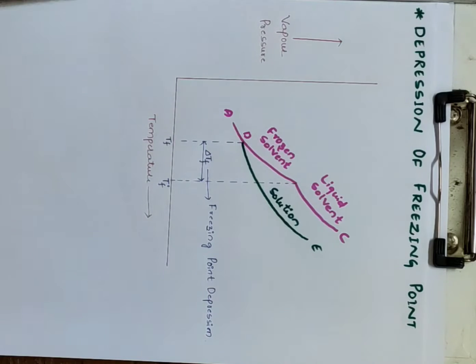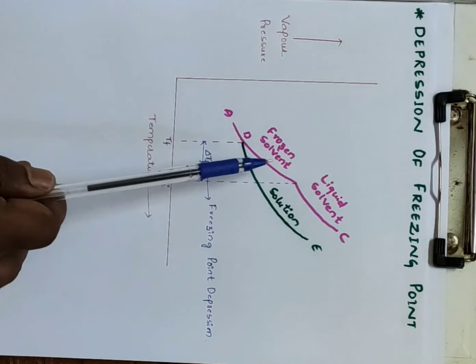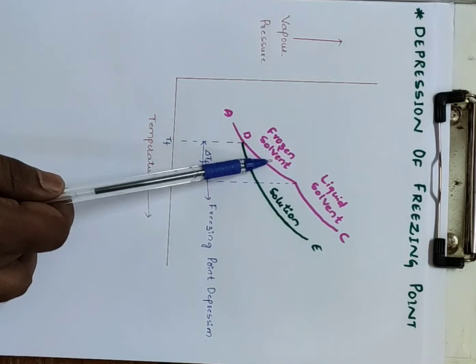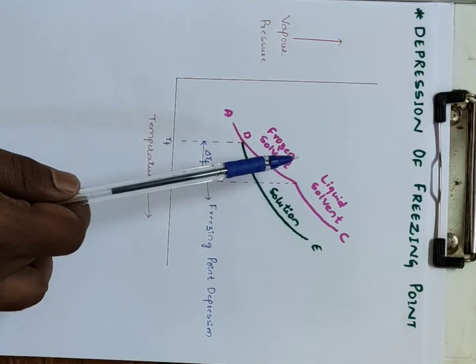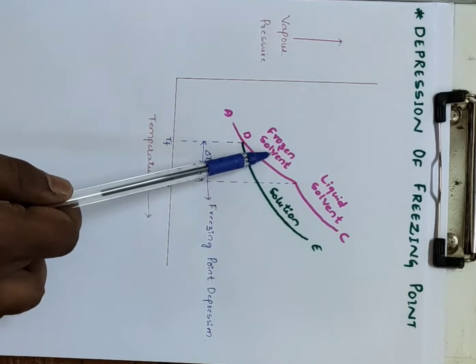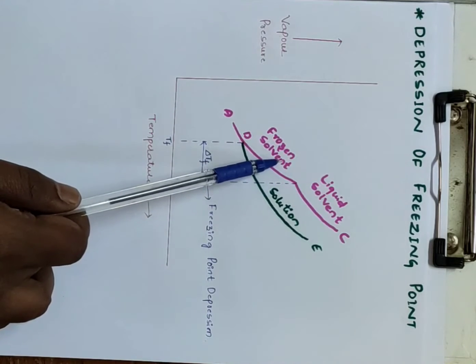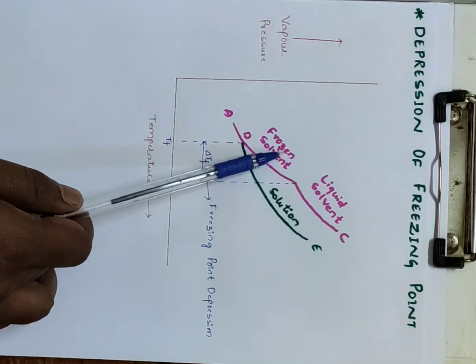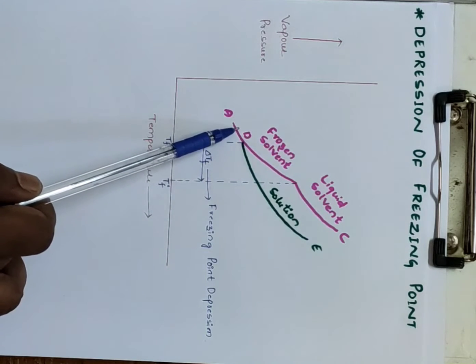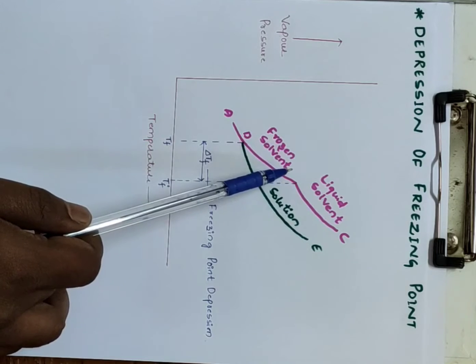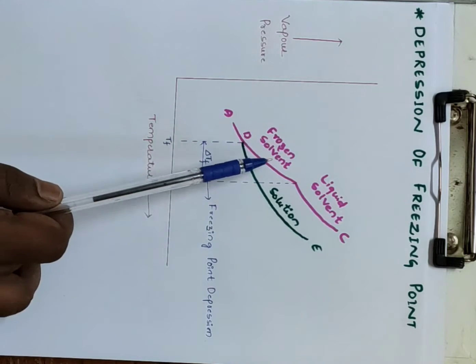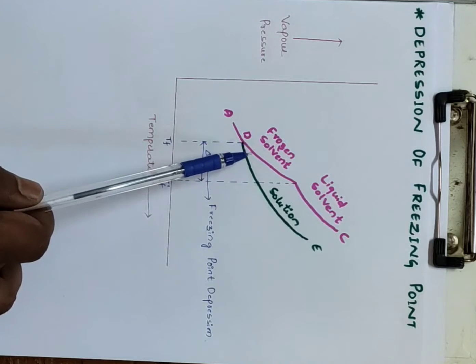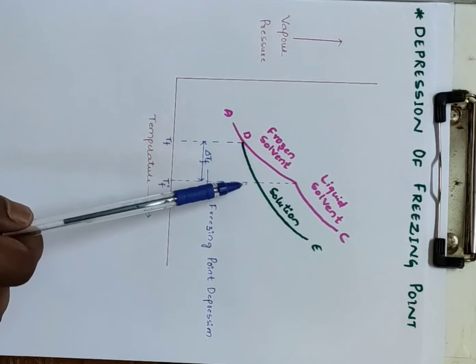A liquid freezes at a temperature when the vapor pressure of the solid solvent becomes equal to that of the liquid solvent. So whenever the vapor pressures of the solid solvent and the liquid solvent become equal, we get the freezing point of a solution.